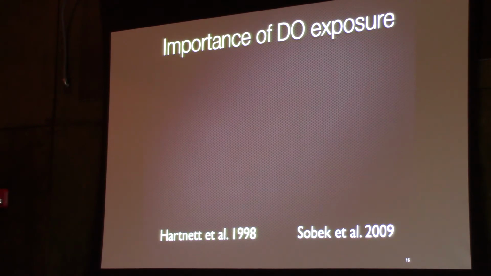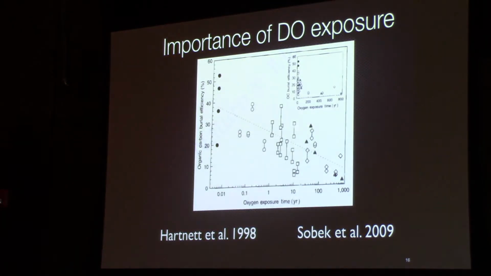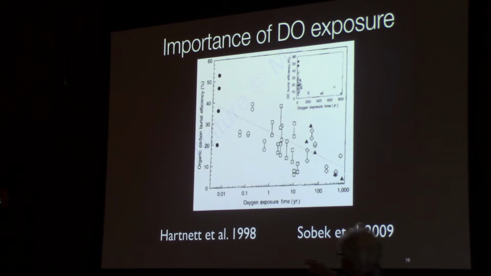And one of the things we thought might be important is just exposure to oxygen. So in Hillary Hartnett's work in the ocean, so this is open ocean sediments, she looked at how much oxygen exposure a given amount of sediment is exposed to during its lifetime, basically. So when material falls down, the fresh organic matter is at the top, and in most of the ocean, when it falls on top of previous sediments, it's aerobic.